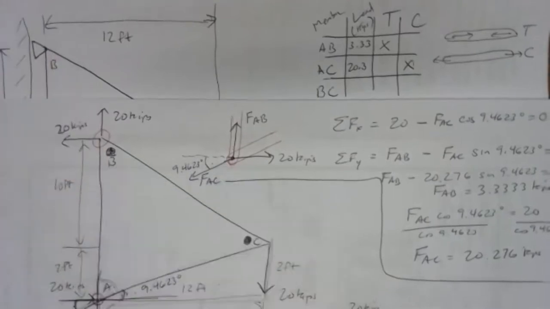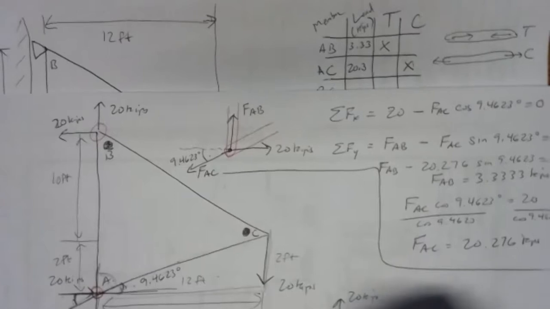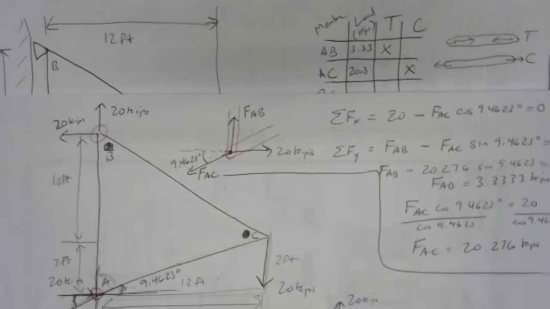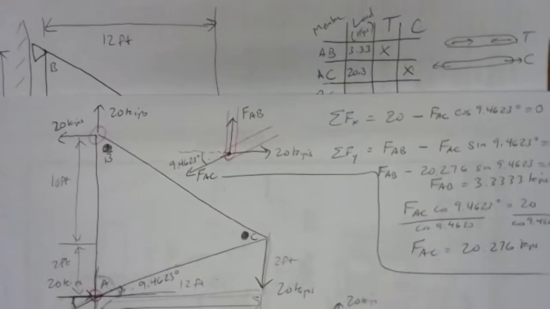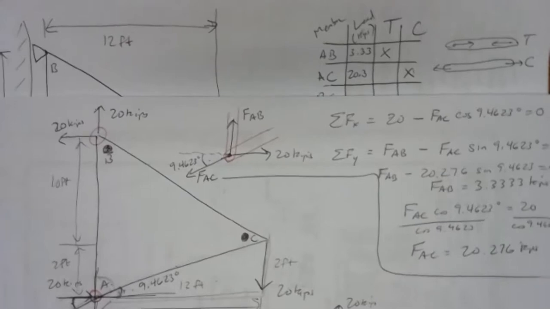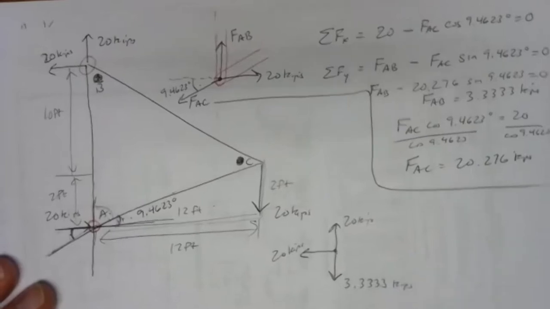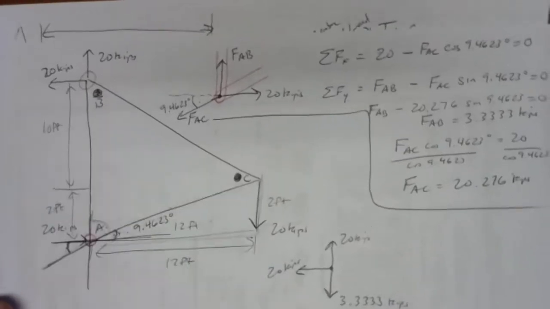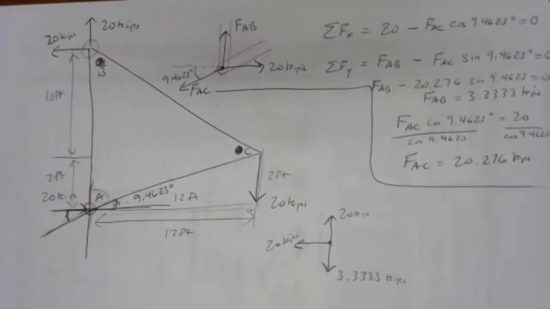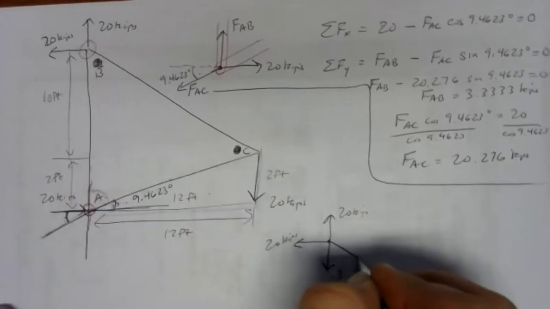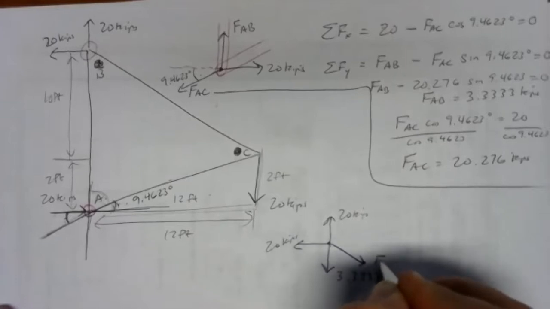So joint B feels a, sorry, 3.3333 kip downward force. And then we've got member BC. And again, drawing out what we know first gives us a pretty good clue as to what direction our unknown needs to be in. The only way that this could possibly be in equilibrium is if member BC pulled down like that.